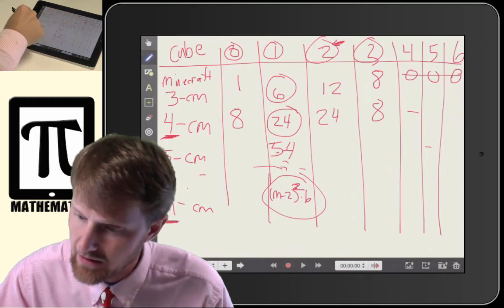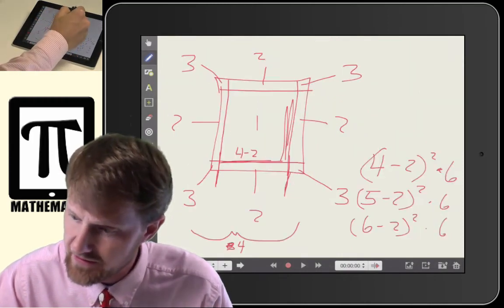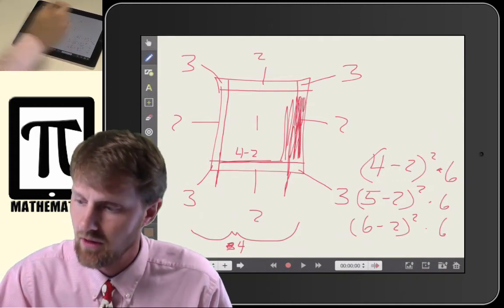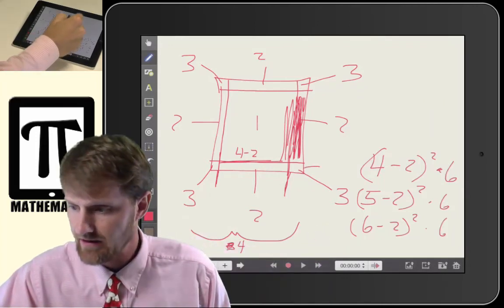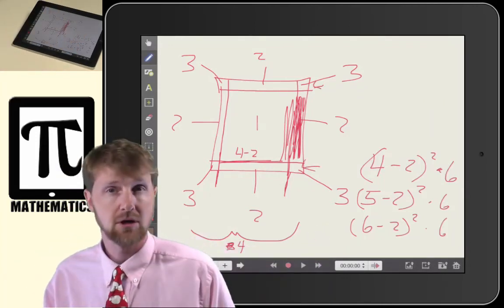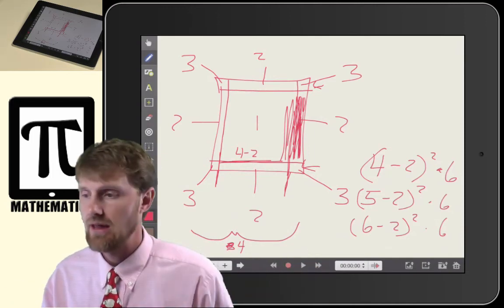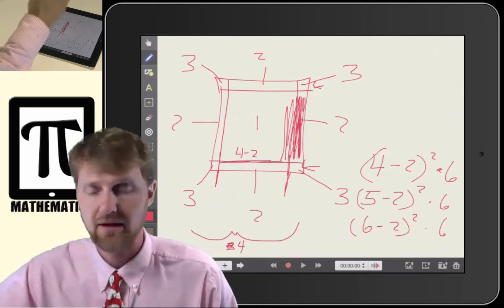If we go back and we look at here, the number inside of that block right there, we had m length, then we subtracted 2 off of it, and there are 12 edges, so we multiply by 12.